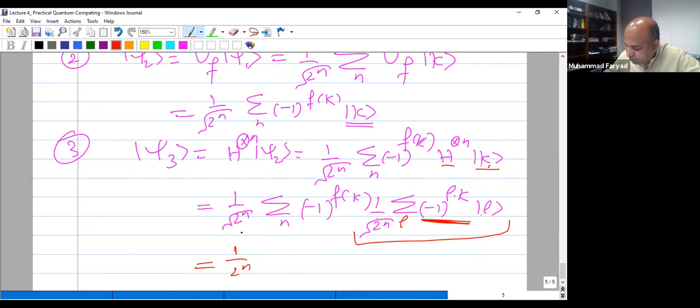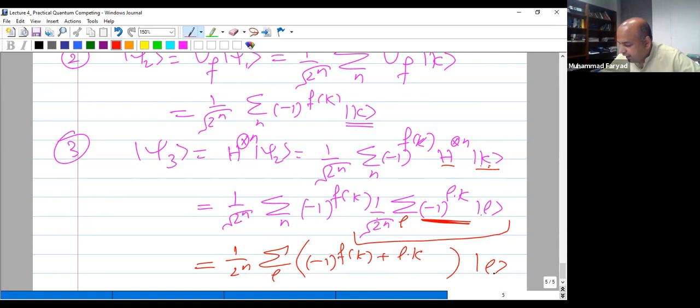So let's combine these two square roots into 1 over 2^n. Let me write the sum over l first, and then (-1)^(f(k)+l·k) from here into |l>. So we have a sum over l states, and the coefficients of these l states are given by this.